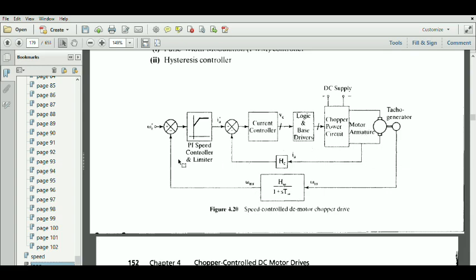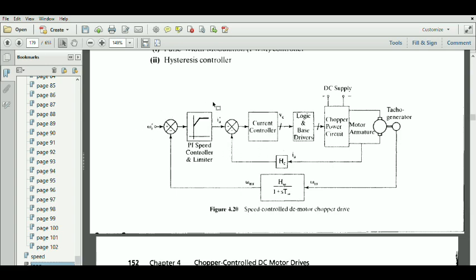The speed controller will give the current IA star, which is the reference current required to be given to the motor. So here you are giving a reference speed.